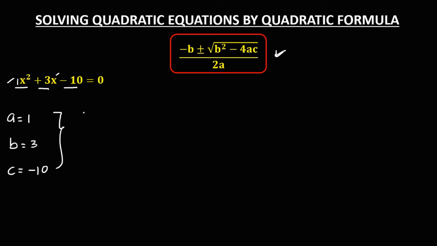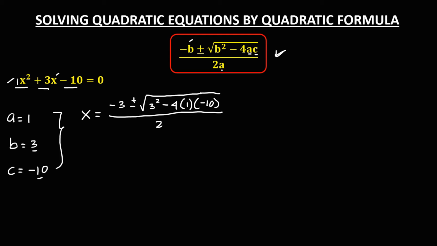Since the variable is x, we have x equals negative b, so negative b is 3, then plus minus the square root of b squared, and b is 3, so that's 3 squared minus 4 times a, which is 1, times c, which is negative 10, then all over 2 times a, so 2 times 1.